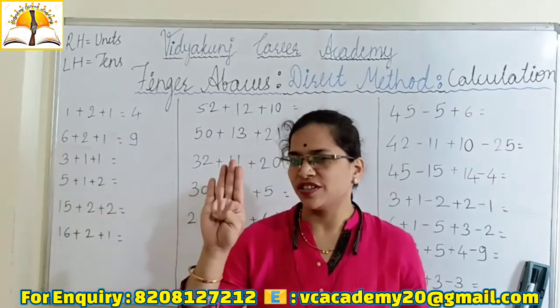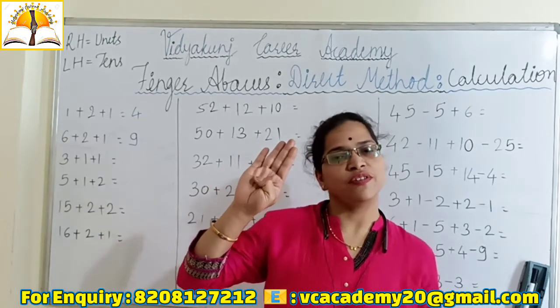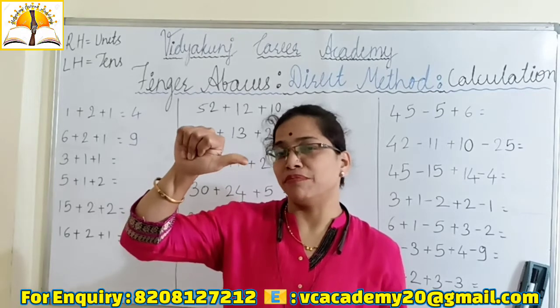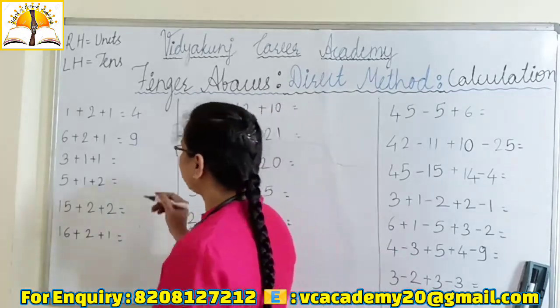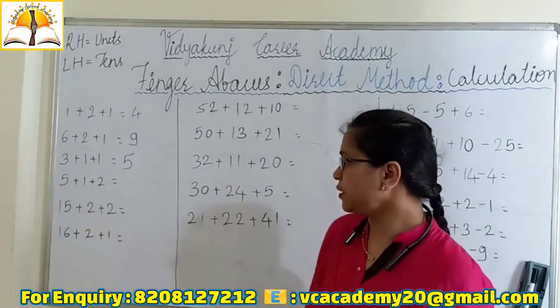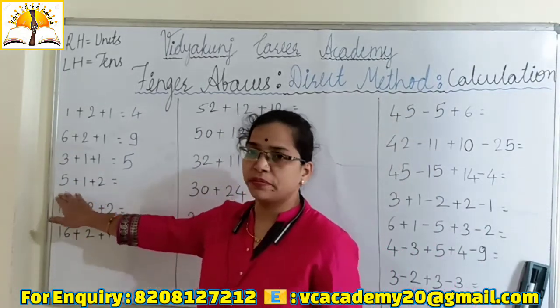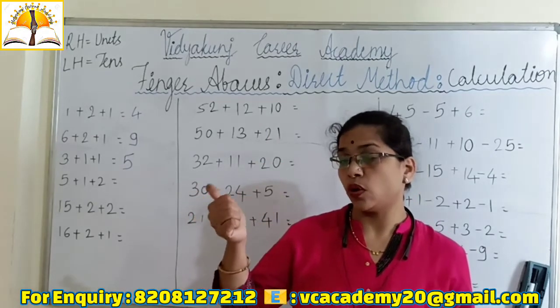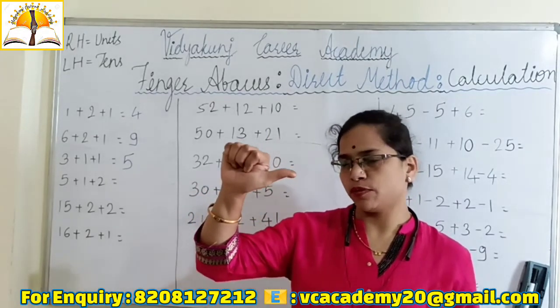If you want to show 5, how do you show it? Close four fingers, raise the thumb. This is the number 5. How do you represent 5 on the right hand? With the help of the thumb.